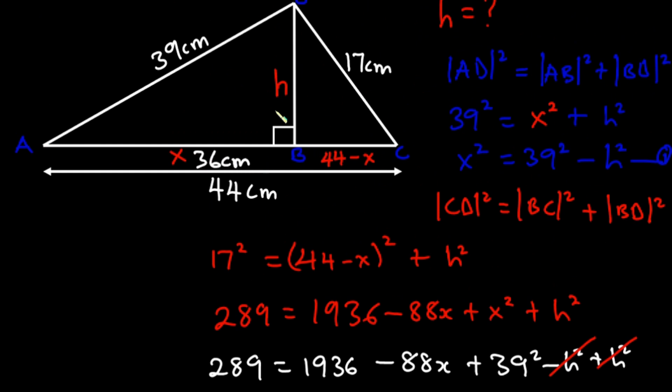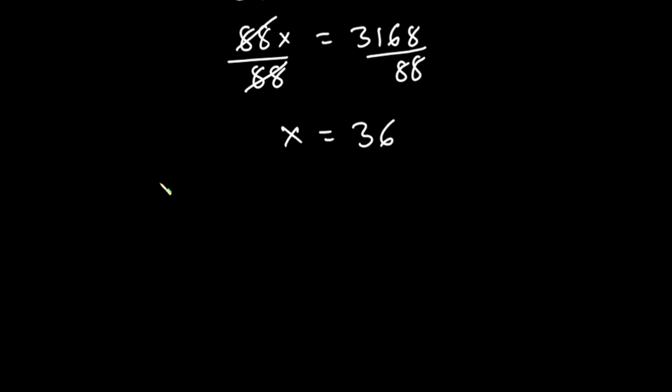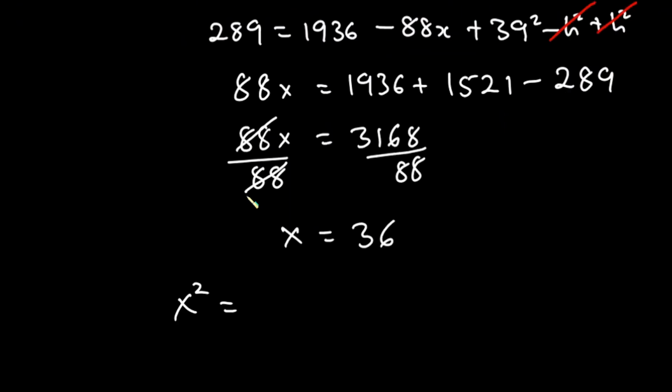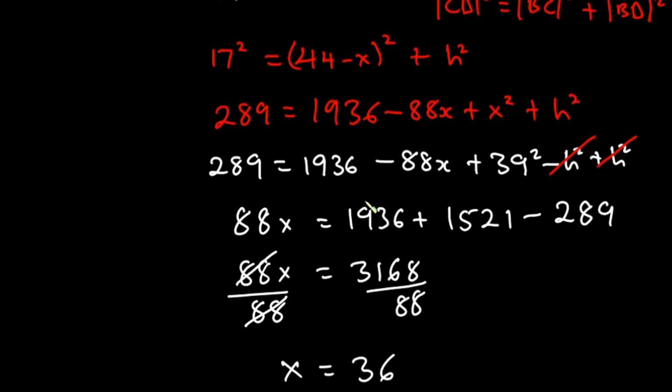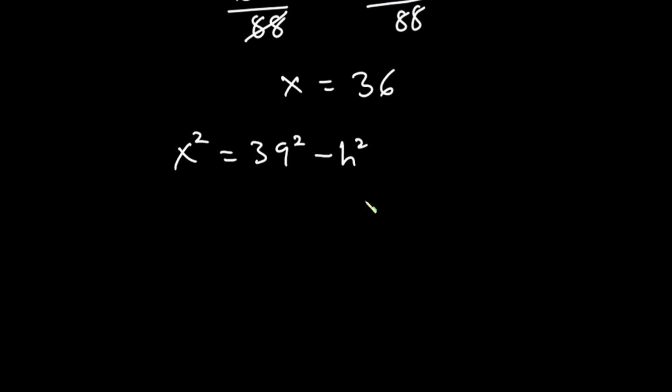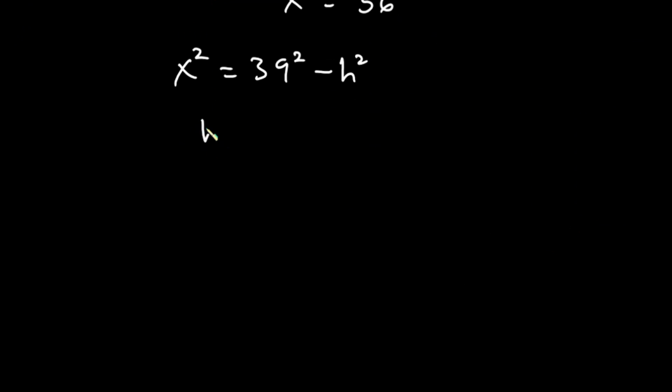Now we can find h using this equation. From equation 1, which is x squared is equal to 39 squared minus h squared, right? So this equation could also be written as h squared is equal to 39 squared minus x squared, but we know x to be 36, right?